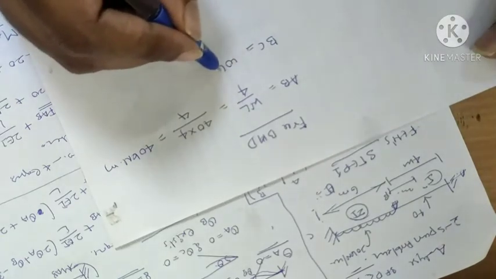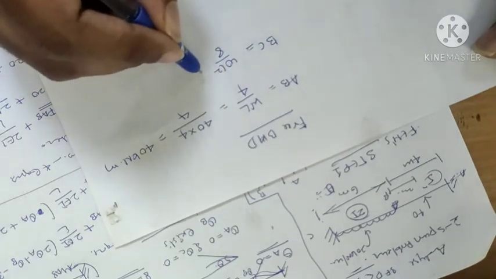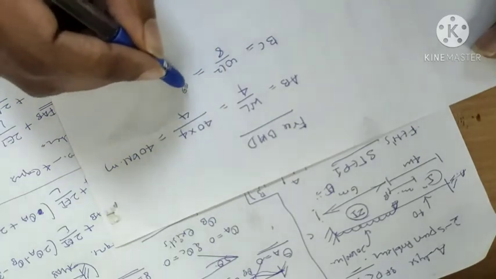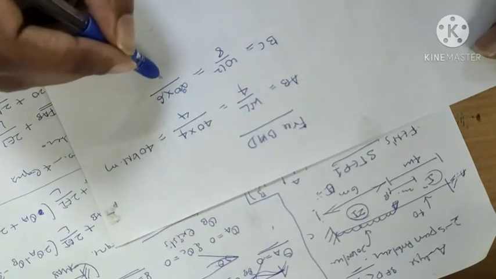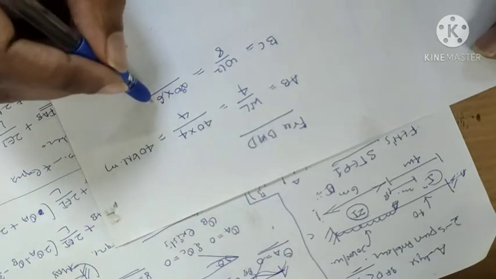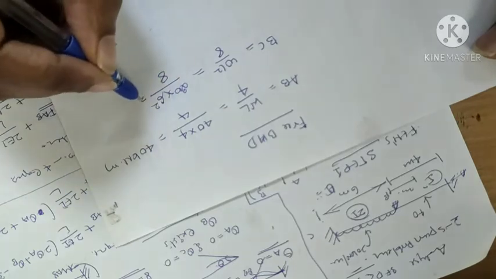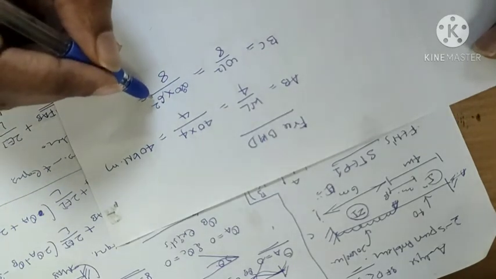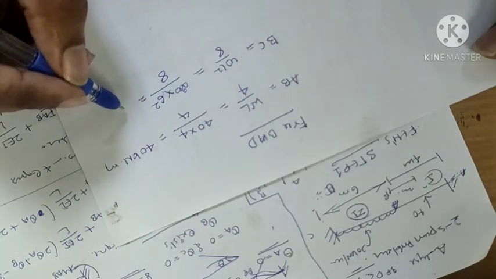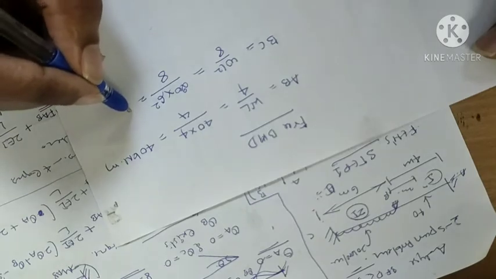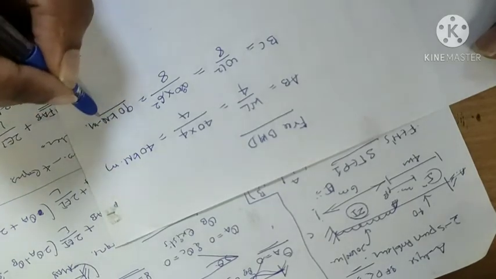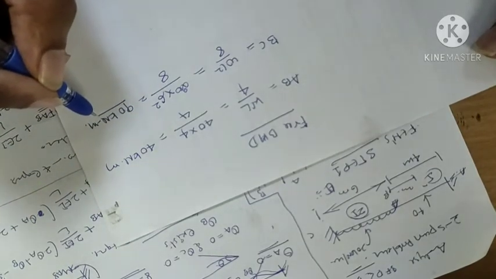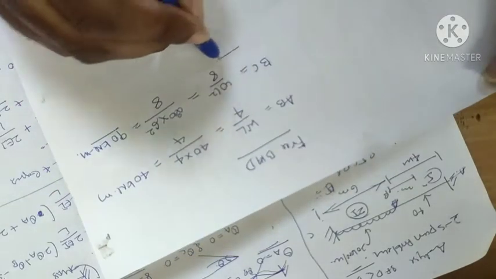So WL square by 8. 20 into 6 square divided by 8. Use a calculator, you will get this value 90 kilonewton meter. So this is your free BMD.